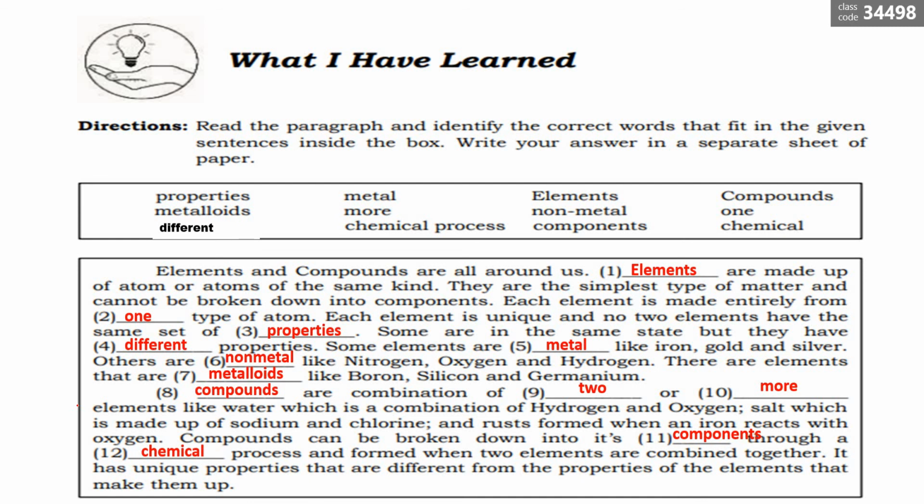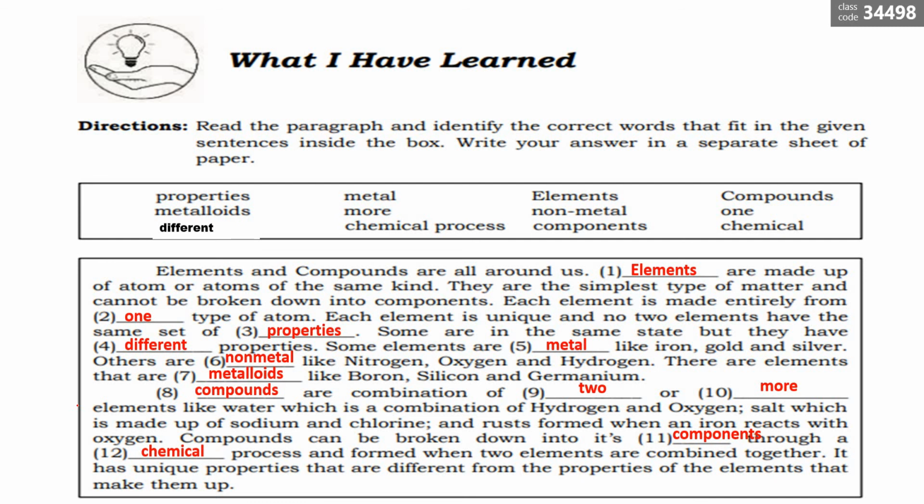Some elements are metals, like iron, gold, silver. Others are non-metals, like nitrogen, oxygen, and hydrogen. There are elements that are metalloids, like boron, silicon, and germanium. Compounds are combinations of two or more elements, like water, which is a combination of hydrogen and oxygen. Salt is made up of sodium and chlorine.